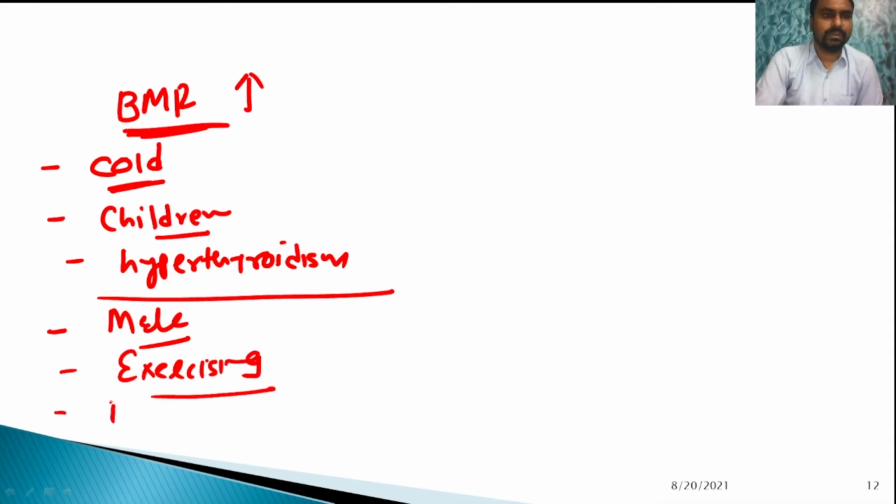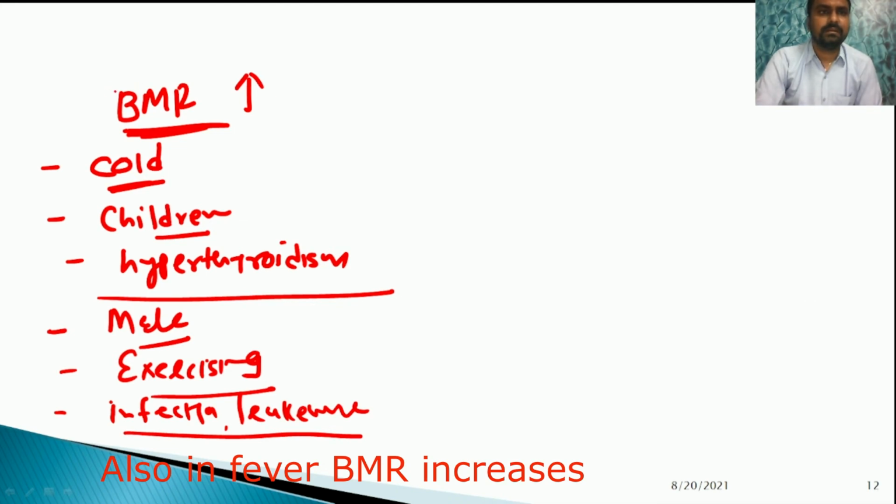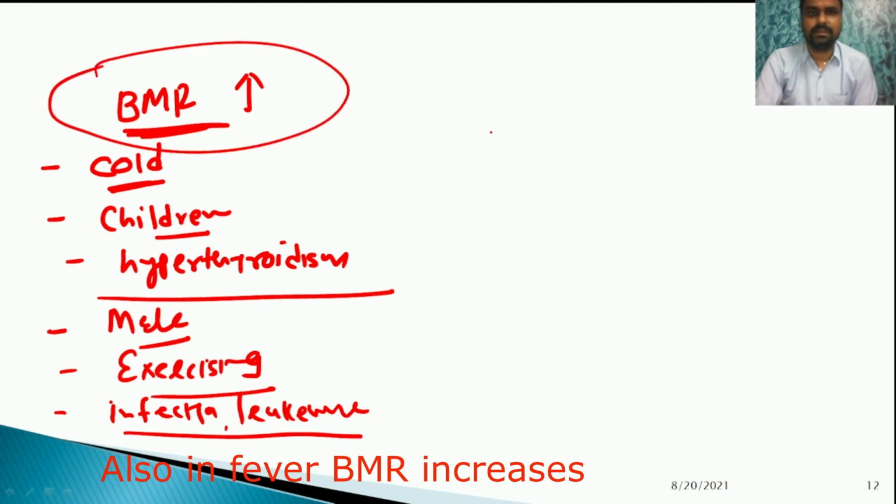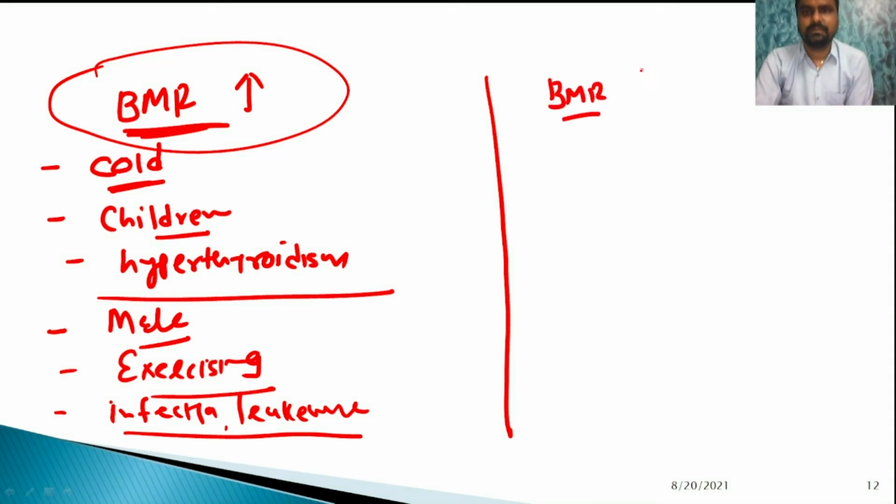Also in case of infection, leukemia, cancer, all types of infection, the basal metabolic rate will be increased. While BMR is decreased in the opposite conditions, that is, in a warm environment.